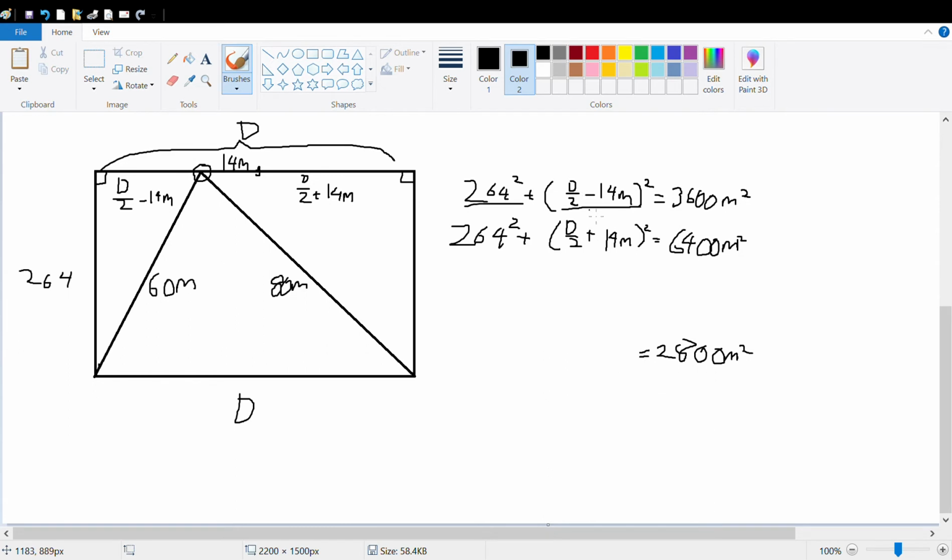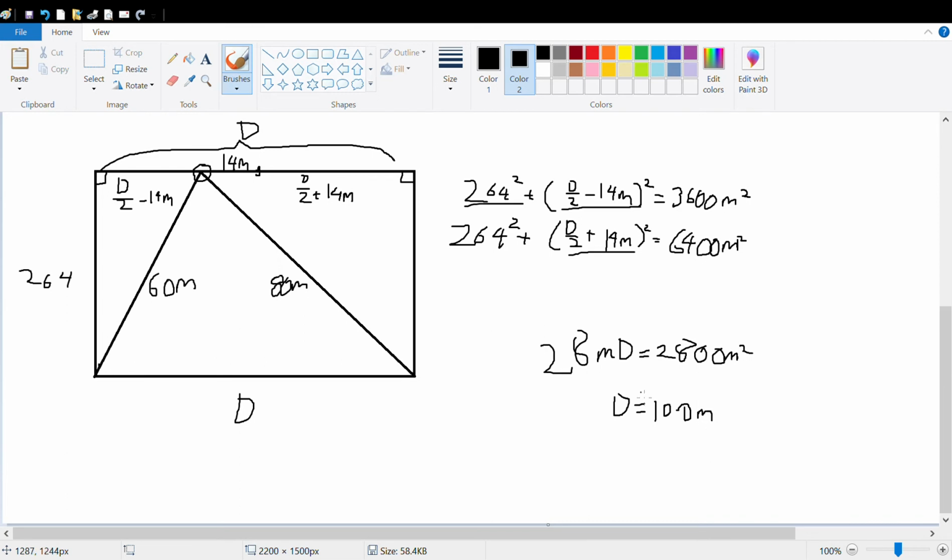So those cancel out, but we also have a 14md here and a negative 14md there. When we subtract negative 14md from 14md, we get 28md. So we get this equation, and dividing 28m from both sides, we get that d is equal to 100m.